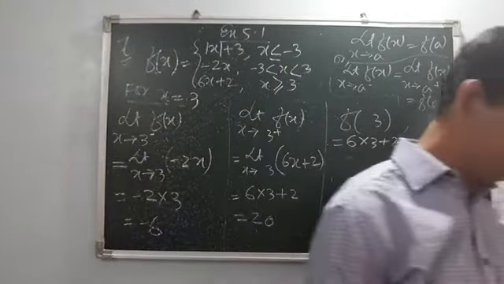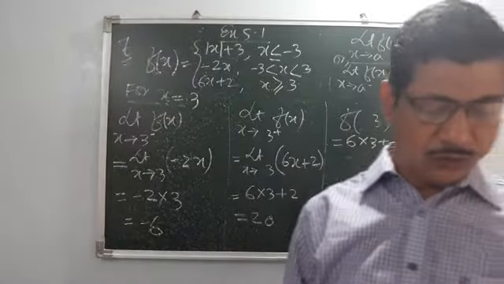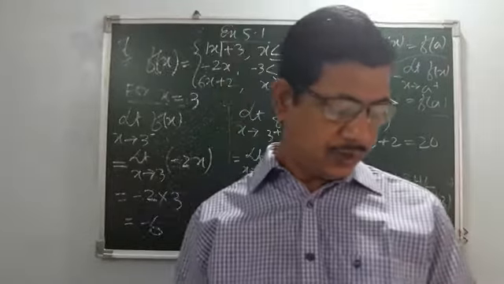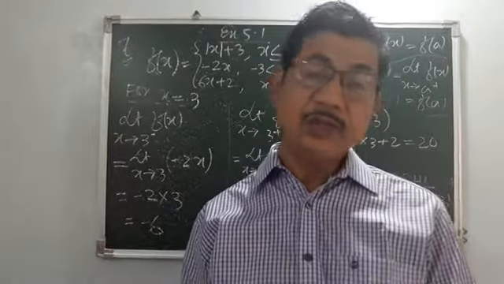Question number 8, it is written that f(x) equal to modulus x by x if x is not equal to 0, and equal to 0 if x equal to 0.